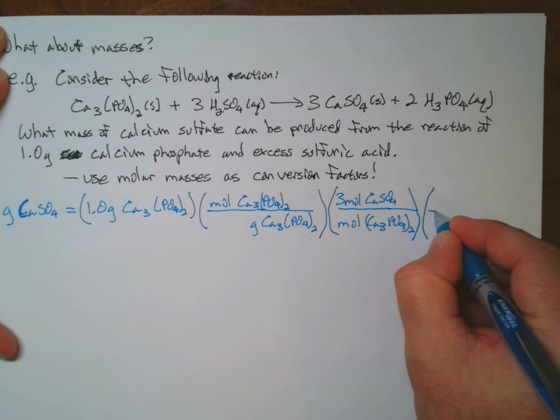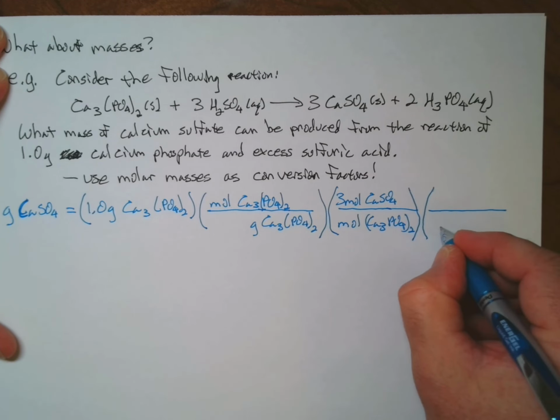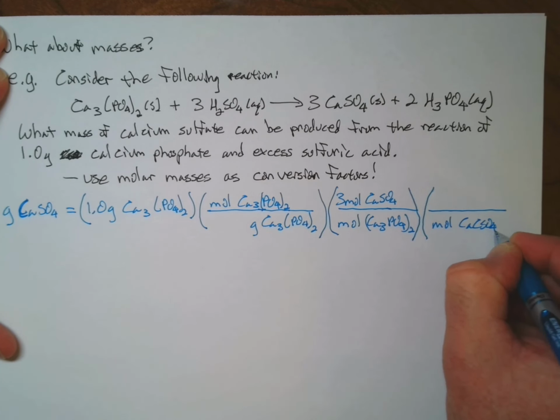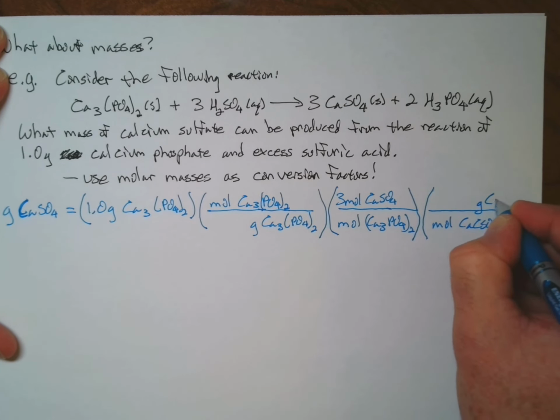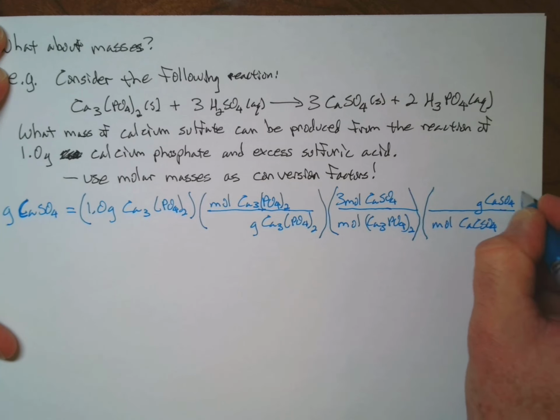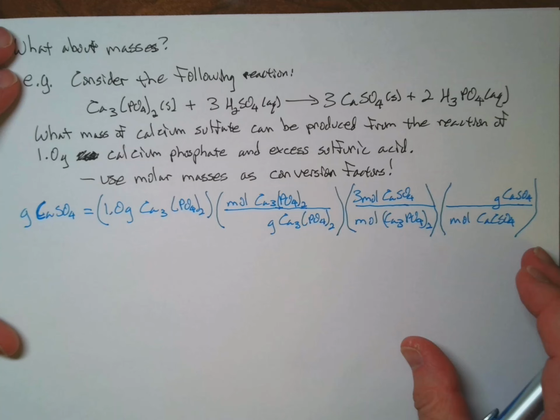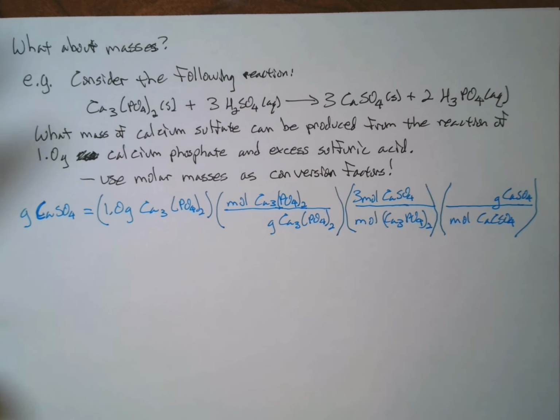And then lastly, we're going to have to convert moles of CaSO4 to grams CaSO4. I'm leaving these blank because I need to actually calculate their masses, and I don't have a periodic table handy, so let me go find one.